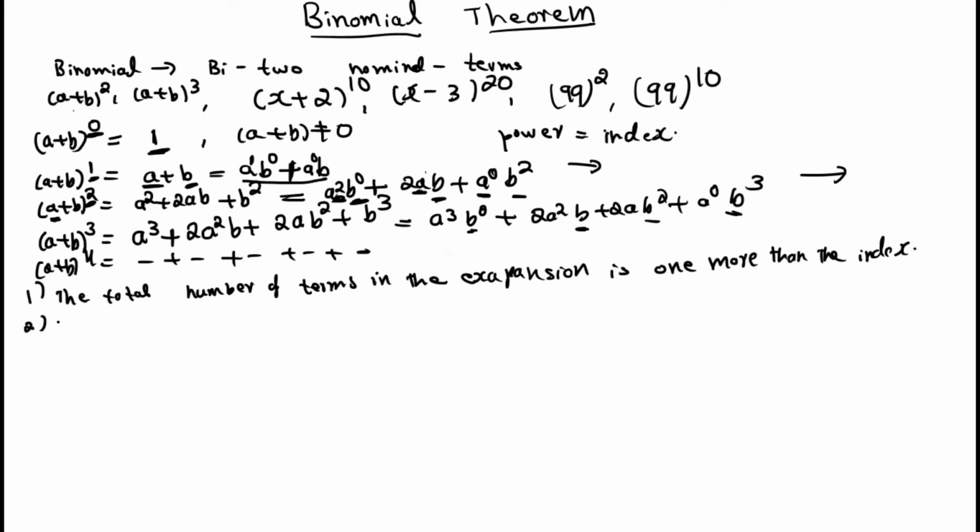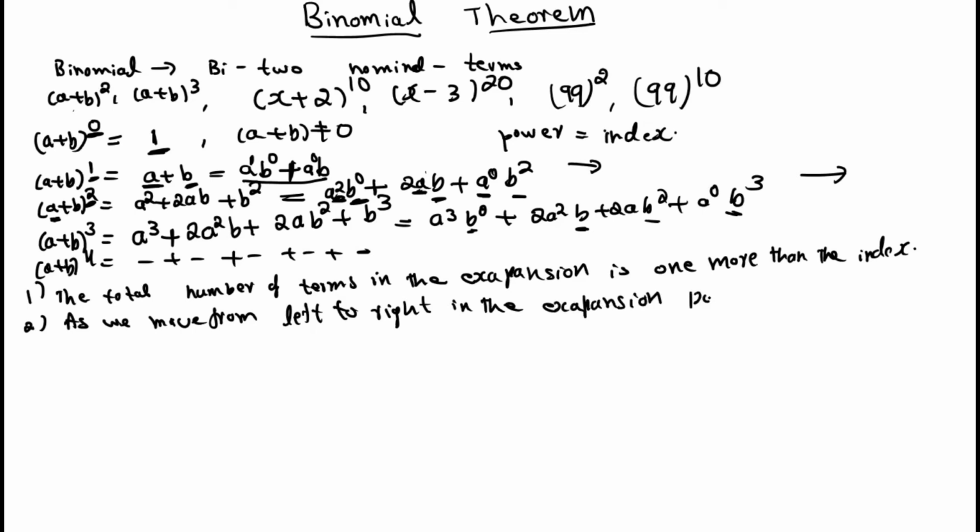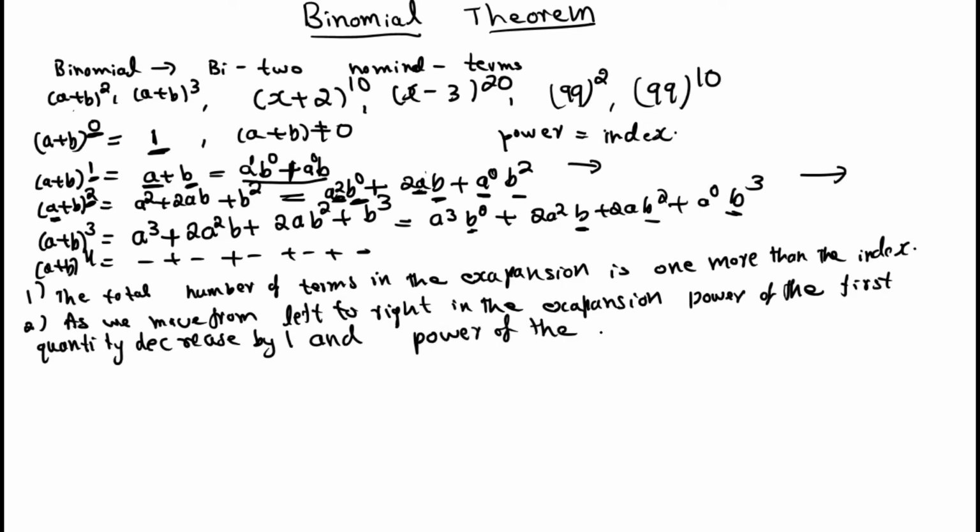Okay, as we move from left to right in the expansion, power of the first quantity decreases by 1 and power of the second quantity increases by 1. Okay, it is our observation.